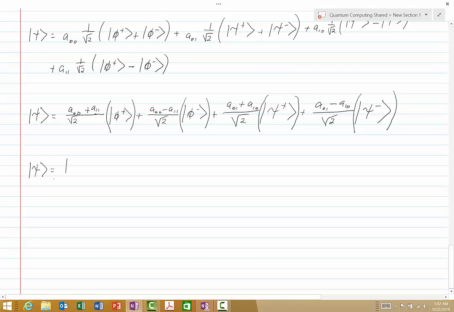We should say magnitude of A00 plus A11 over the square root of 2. We should have the square root of that squared times phi plus over A00 plus A11 over square root of 2.